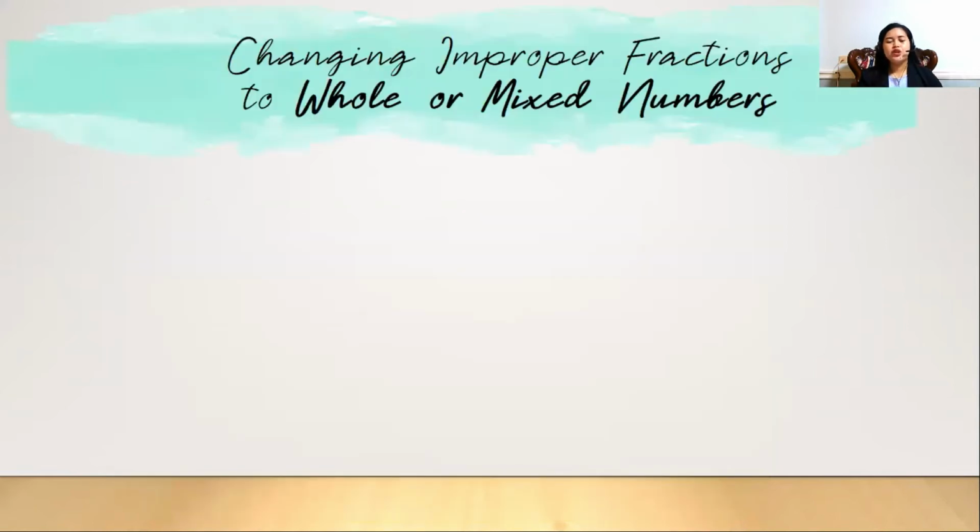At this part, we are now going to discuss how to change improper fractions to a whole number or mixed number. Again, an improper fraction means our numerator is bigger than, or has a greater value compared to, our denominator.